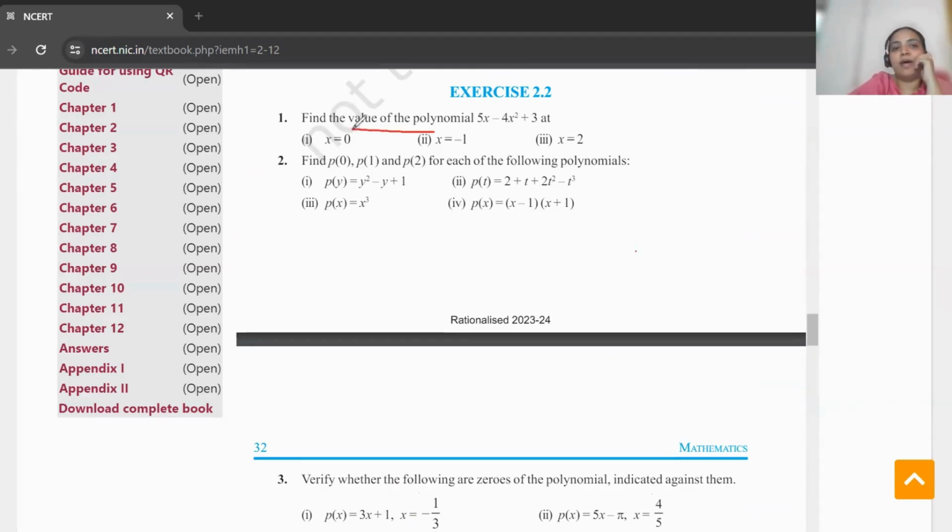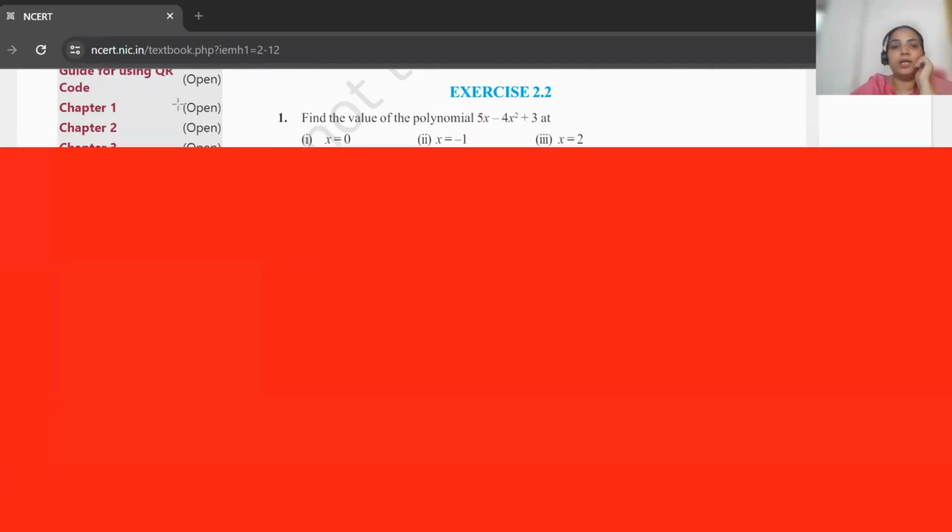Find the value of the polynomial, the value of the complete polynomial, if x equals 0. So that means this is not finding the 0, beta. Anaka, did you get this or not? Yes, ma'am. This is not finding the 0 of the polynomial. This is finding the value of the polynomial. There are two different things.